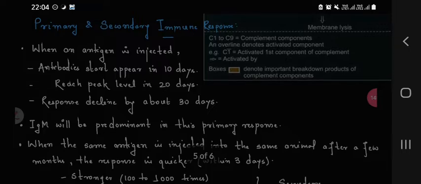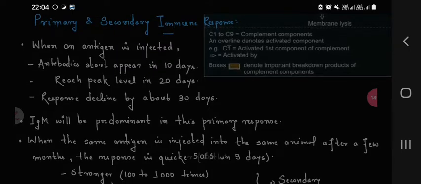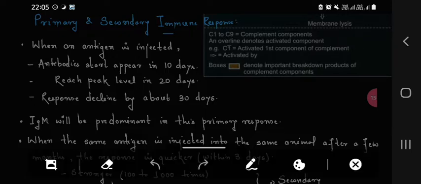Primary and secondary immune responses. When an antigen is injected, antibodies start to appear in 10 days, reach peak level in 20 days, and the response declines by about 30 days. IgM is predominant in the primary response. When the same antigen is injected into the same animal after a few months, the response is quick, within 3 days.